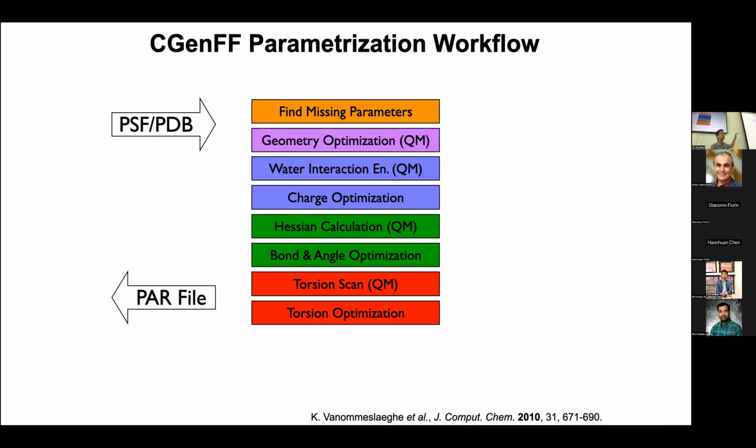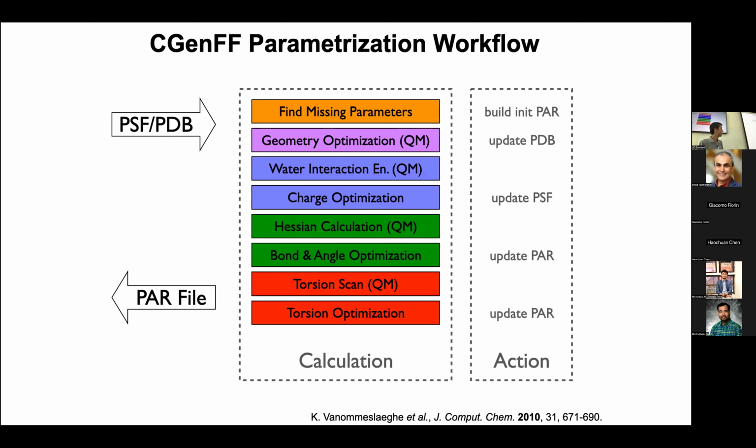For the bonds and angles, doing a so-called Hessian calculation. And for the dihedrals, doing torsion scans. So you can see how it's broken up into steps done with quantum mechanics using a different program, and then fitting and/or optimization using ffTK. Those are the different actions associated with each of these tasks.